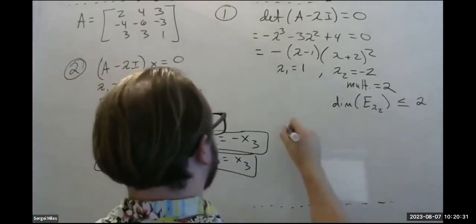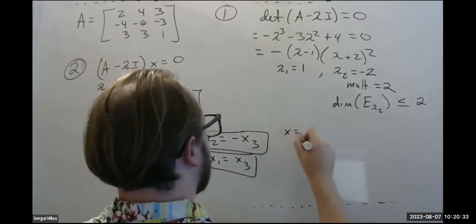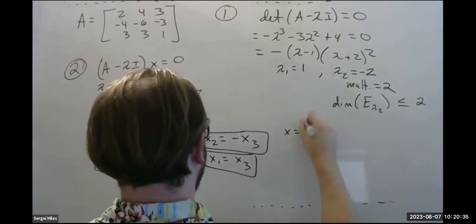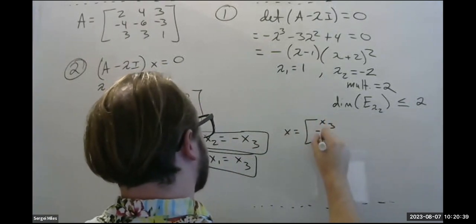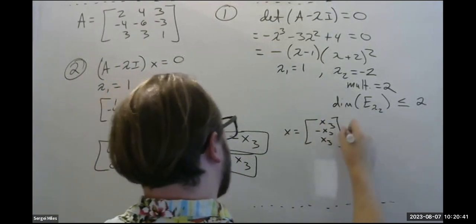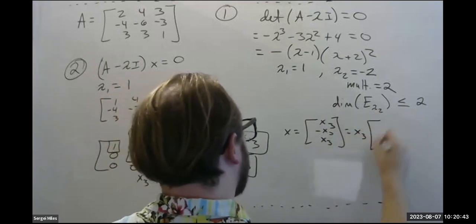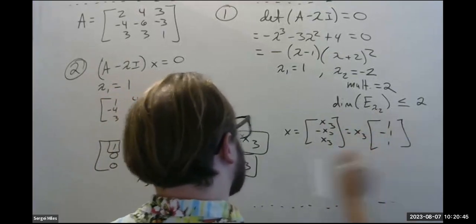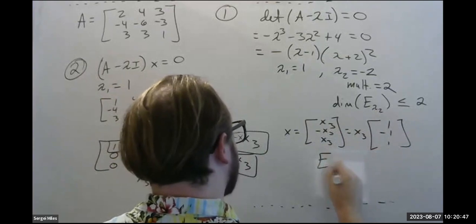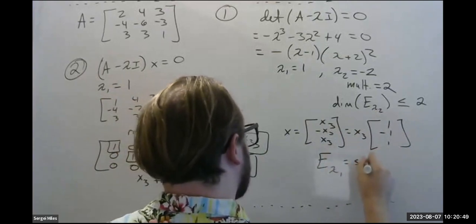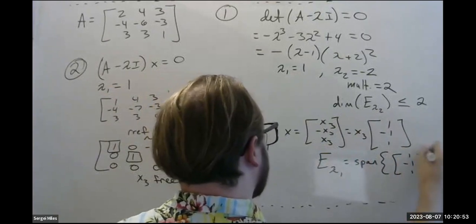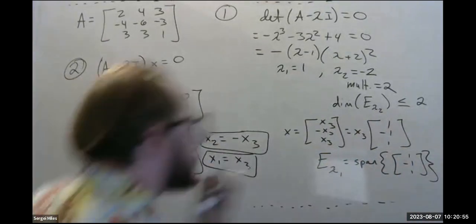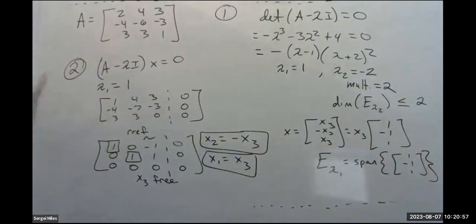So my vector x equals x3, negative x3, x3. Factor out the x3 and we get 1, negative 1, 1. So my first eigenspace is the span of 1, negative 1, 1. So we have one eigenvector so far. Okay, that's fine.